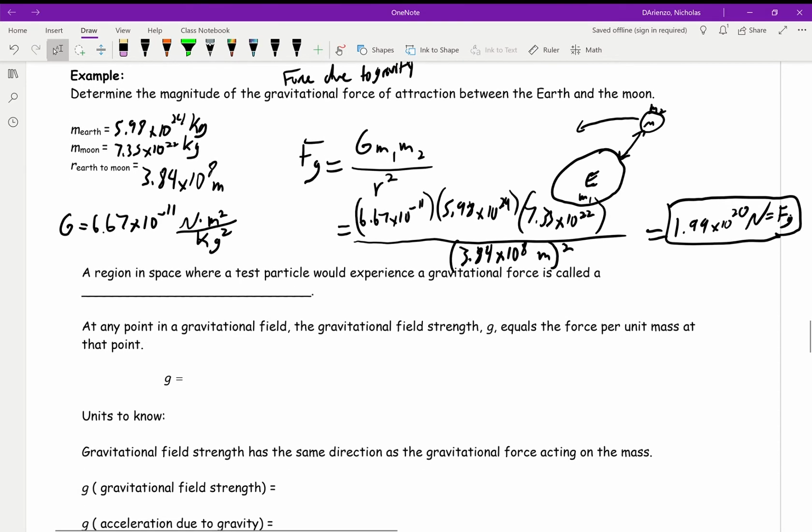Now, to try and think about gravitational force here for a second, let's take a look at the Earth itself. And the Earth is going to have, let's think of this as, different force vectors acting towards the center of Earth.